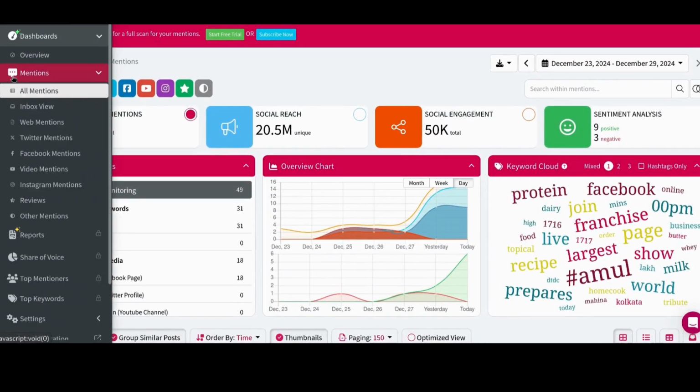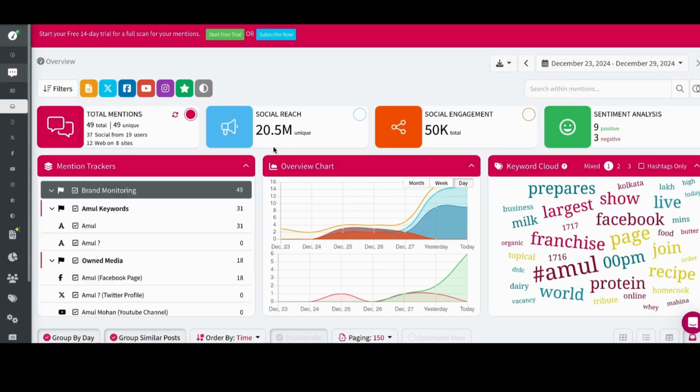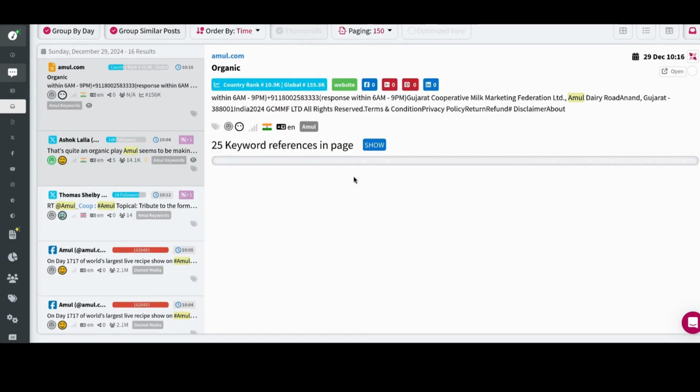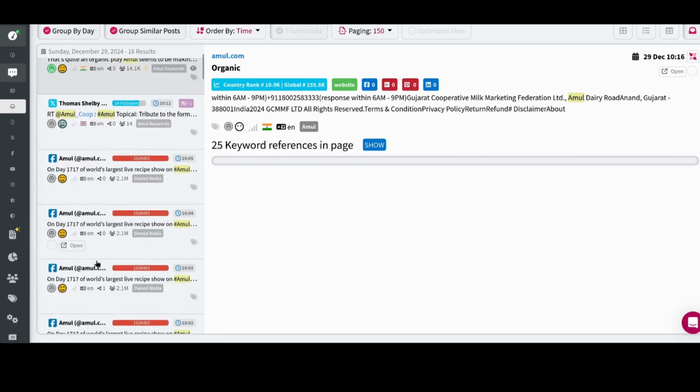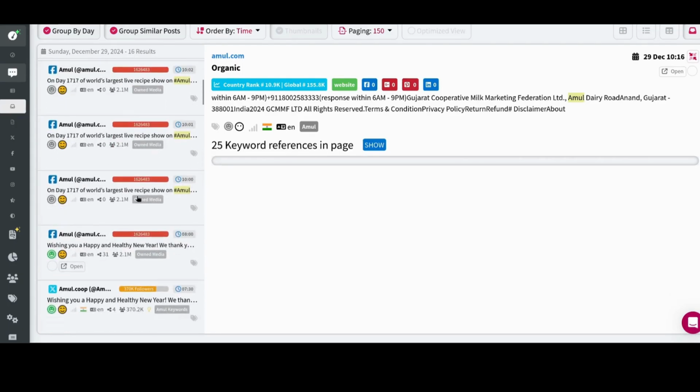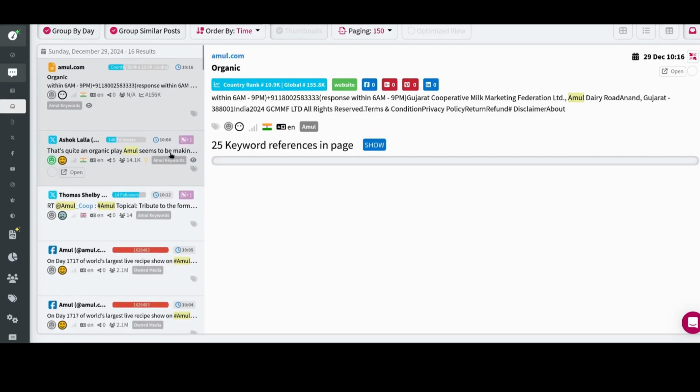Additionally, apart from the mentions, there's an inbox view, where Amul can view direct mentions and messages from customers or users. Over here, as we can see, there are different customers, therefore different user IDs, who have given certain reviews or posts about Amul.